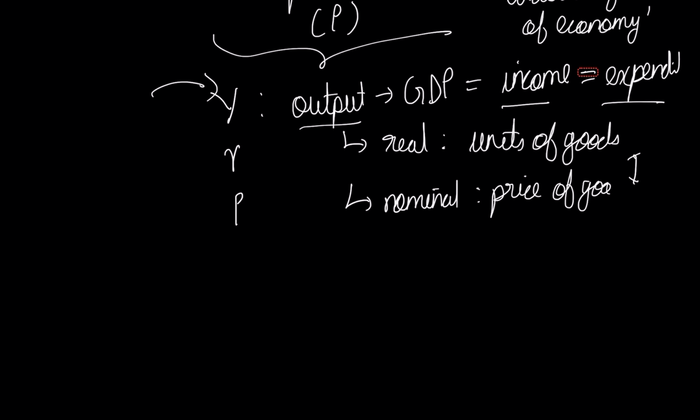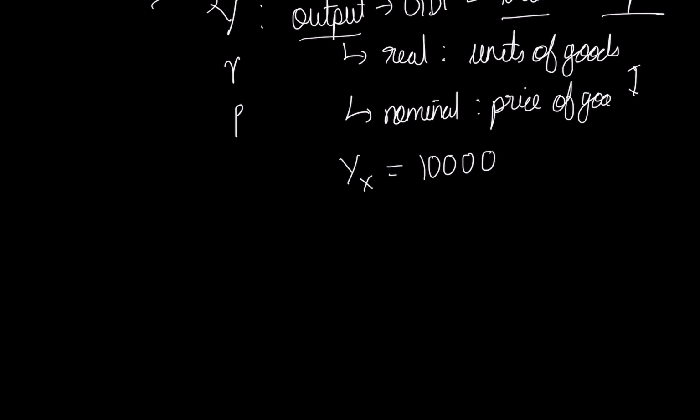For example, say the output of country X, which I refer to as YX, is equal to 10,000, which means country X produced 10,000 units of a good. But it might not mean that country X produced $10,000 worth of goods. But if I know how much each unit of good is worth, then I can say what is the dollar value of output produced. And that dollar value of output will be the nominal output. So if I say here YX is equal to 10,000 units, I'm saying that economy X produced 10,000 units of output.